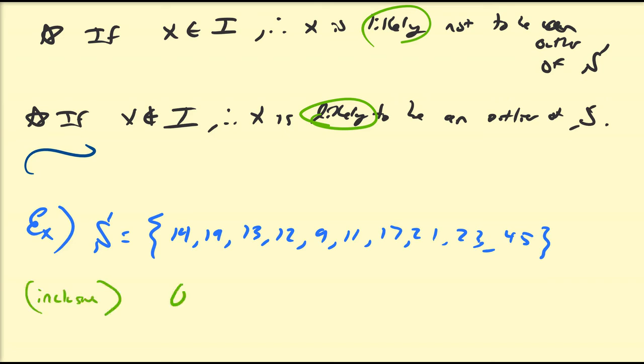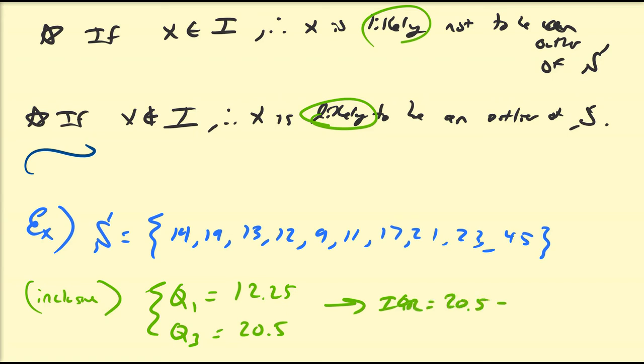Once you do that, you're going to find that Q1 is equal to 12.25 and Q3 is equal to 20.5. Then we can easily calculate the IQR to be the difference of these two: 20.5 minus 12.25, which is equal to 8.25. So this is the interquartile range.